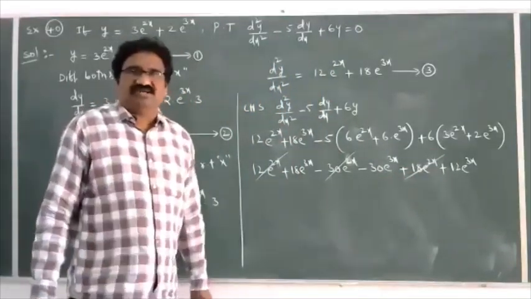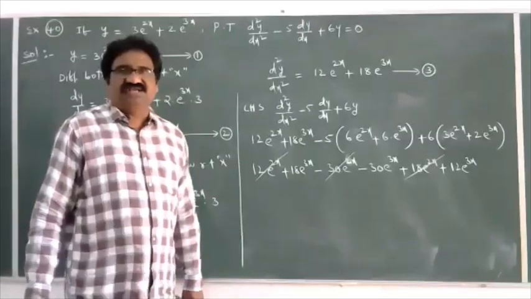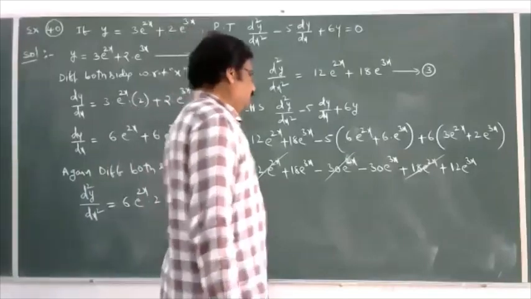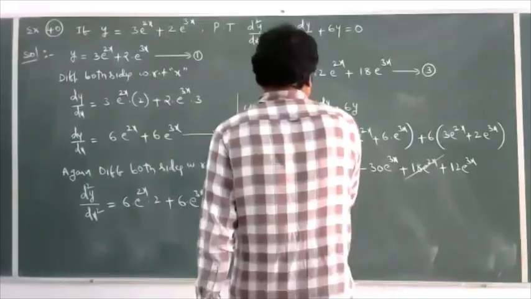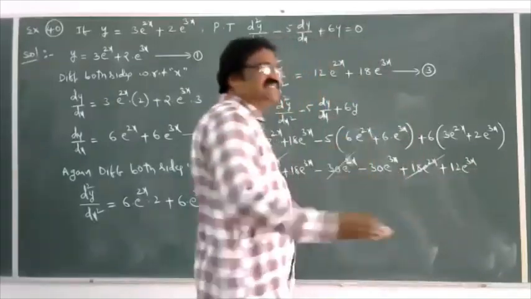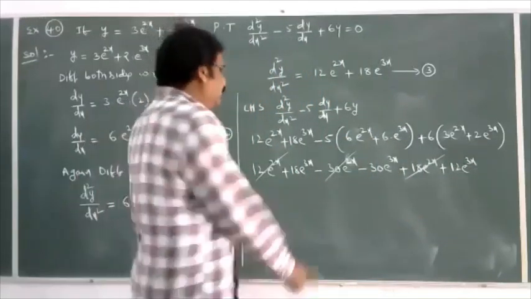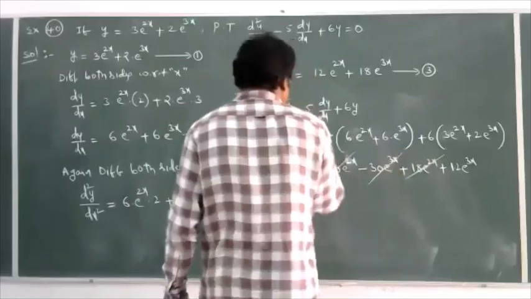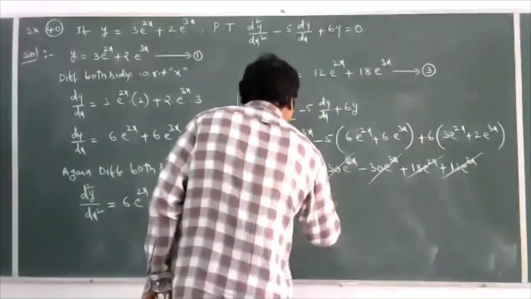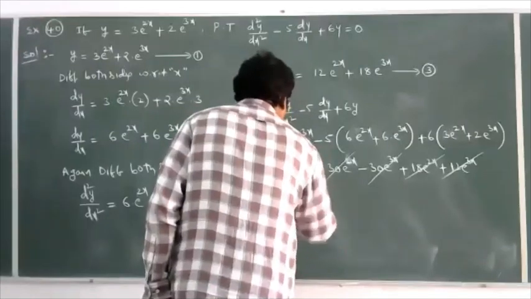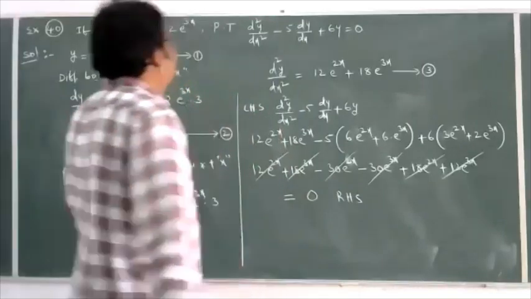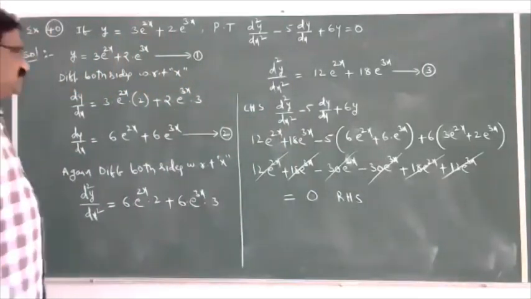E power 3x terms: 18 into e power 3x plus 12 into e power 3x is plus 30 into e power 3x, here minus 30 into e power 3x. These terms are cancelled. Then you get 0. All terms are cancelled. That is equal to 0. That is RHS.